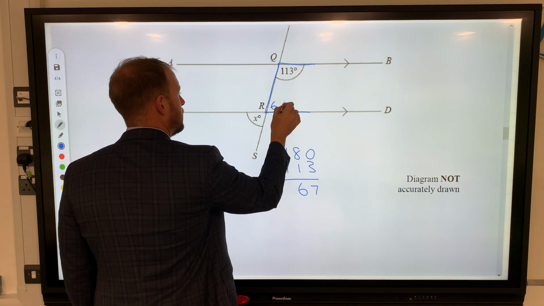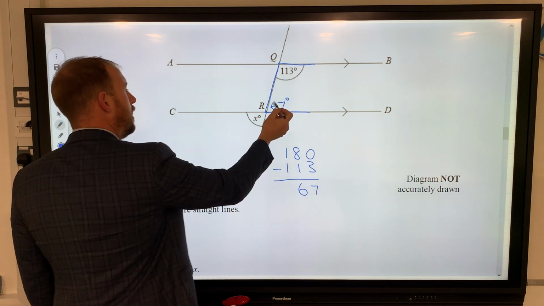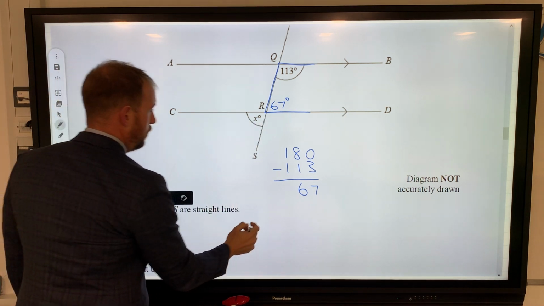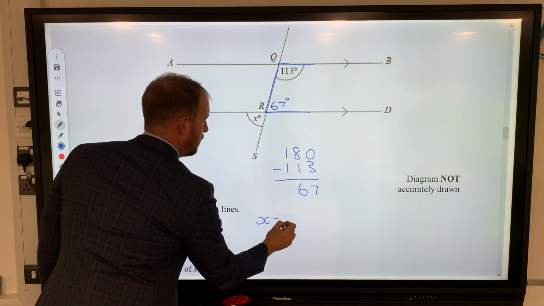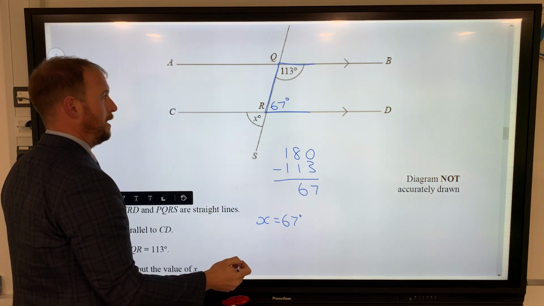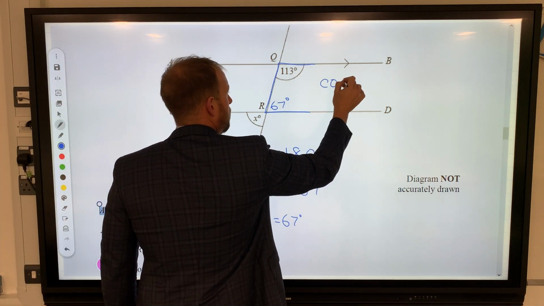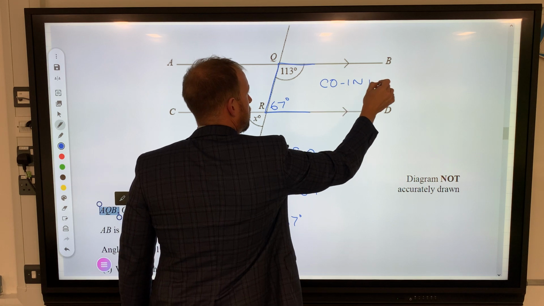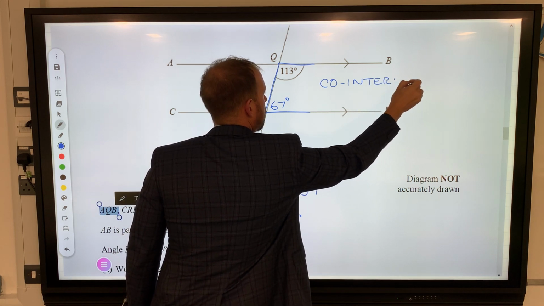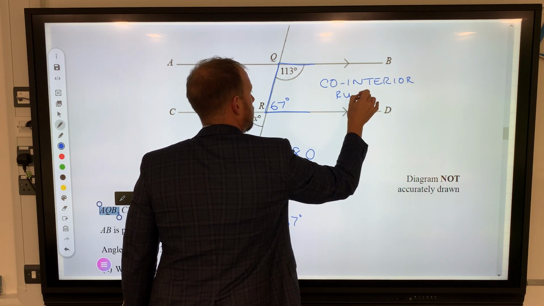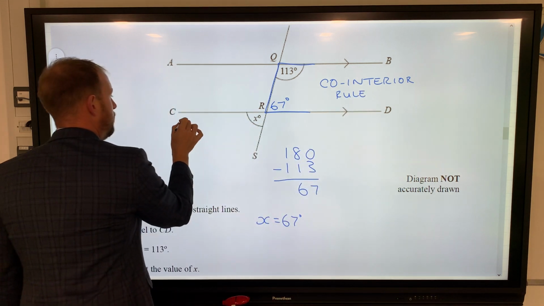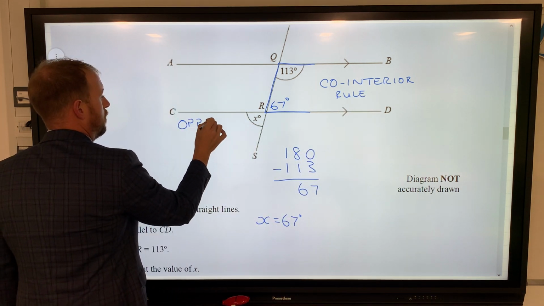So this angle here is 67. I then got an opposite angle, which makes X 67. So to give reasons for my answer, we've used co-interior rule, and here we've used the opposite rule.